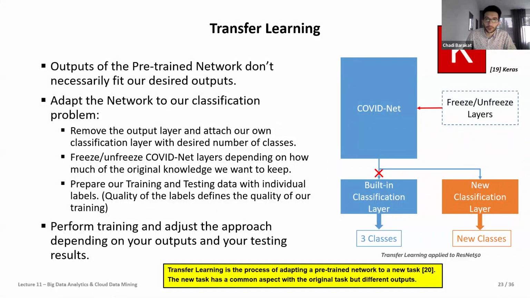So this approach, where you take an original trained model and use the major part of it without the classification layer for a new classification task, is called transfer learning, where you transfer the knowledge from a previous application field into a new application field.